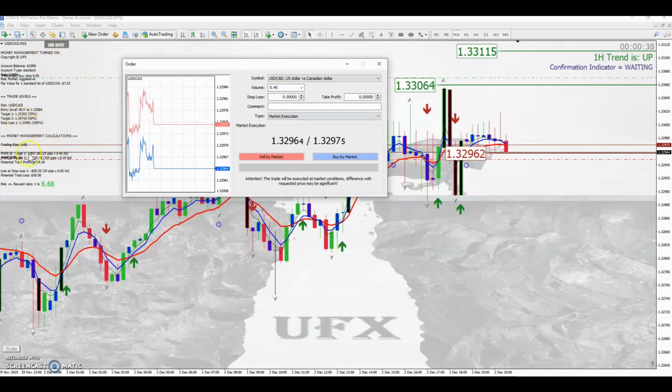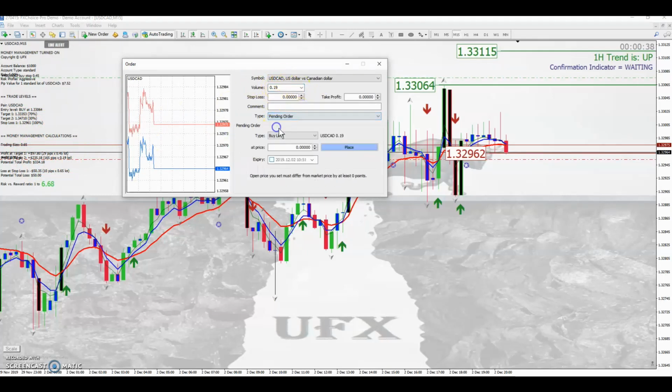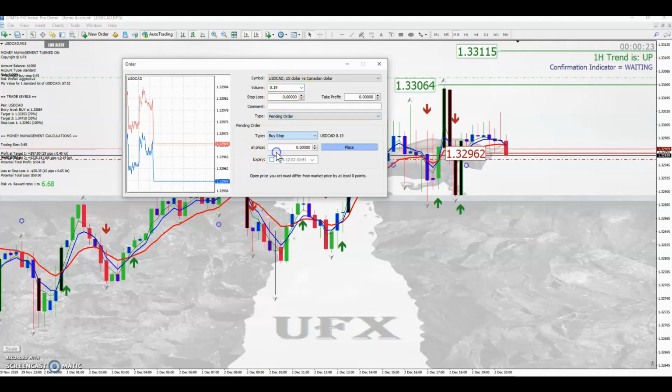And you can see down here it is 0.19 lots. And same thing, pending order, buy stop at 1.33064. Our stop loss is 1.32962.